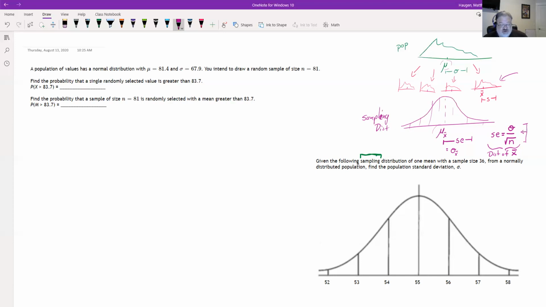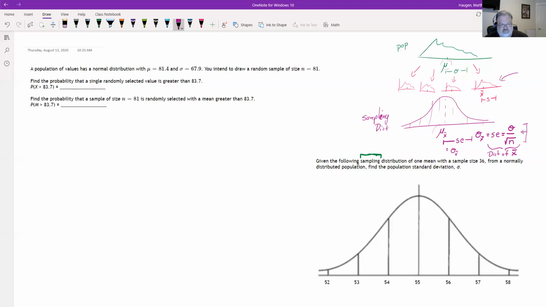Now, we won't do a lot of other sampling distributions. We will do one other, and that's a sampling distribution for proportions. We'll talk about that in a little bit. And its standard error formula will be different. So this standard error formula is specific to the standard error for means.